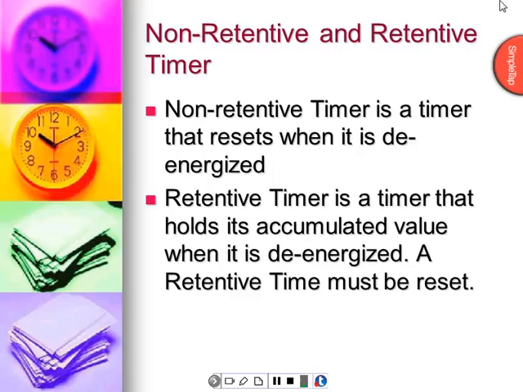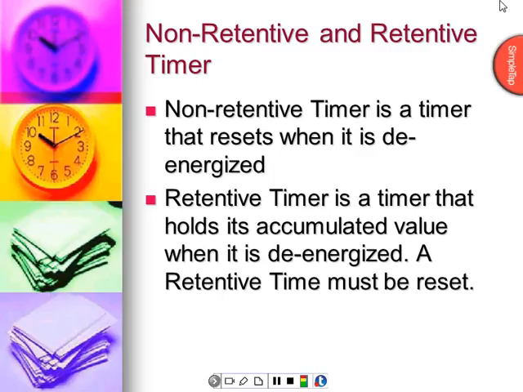Retentive means you retain information. So what I'm telling you today, if you retain this, you are retentive. Non-retentive means that the timer loses its information, so it does not retain it.